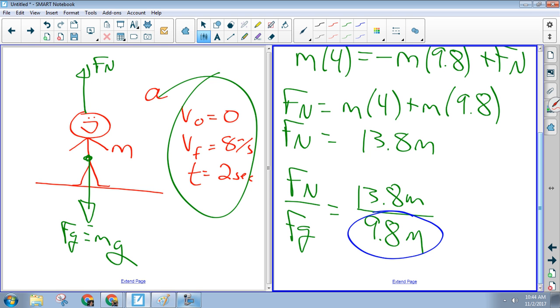Do you know what I mean? The tension holding it up behaves exactly the same as a normal force holding it up. Good? So it doesn't change how you solve the problem. Cool?